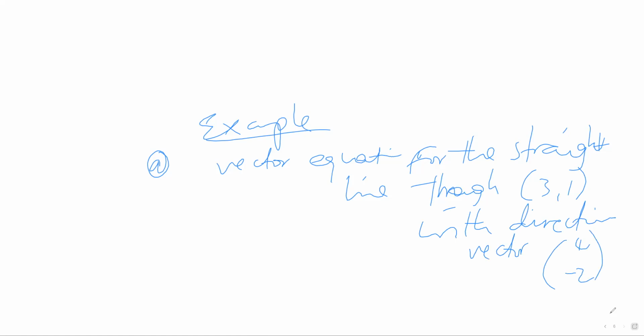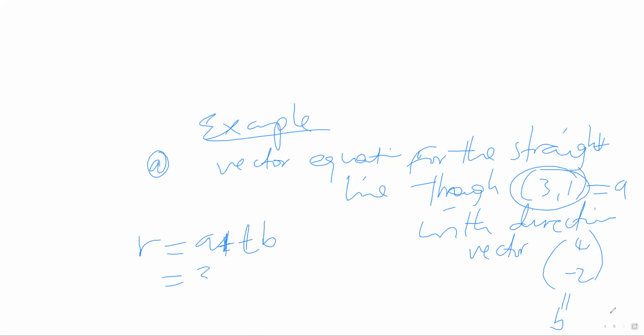Here every piece of information is given, so we can just go ahead and write. This is the position vector, and this is the direction vector given there.